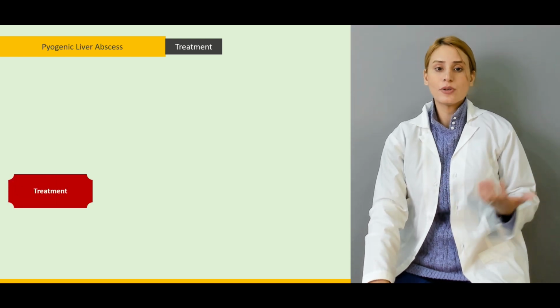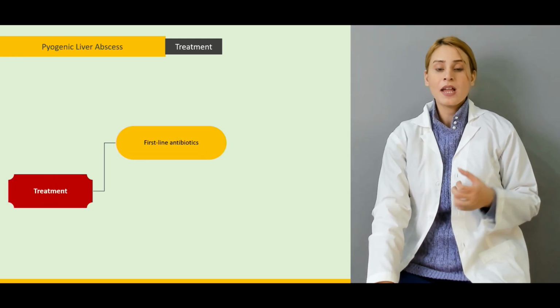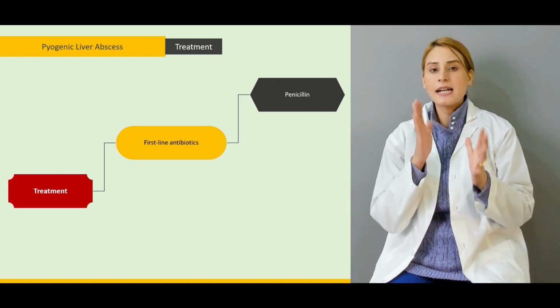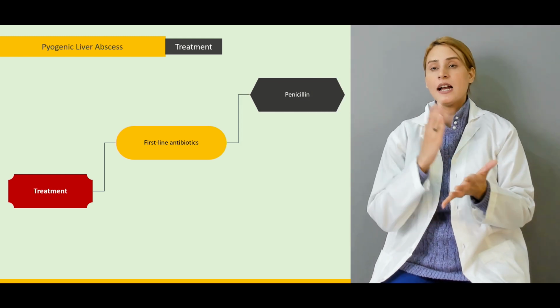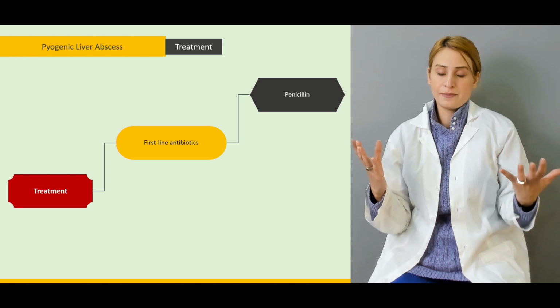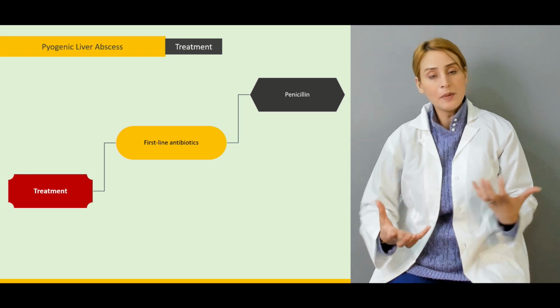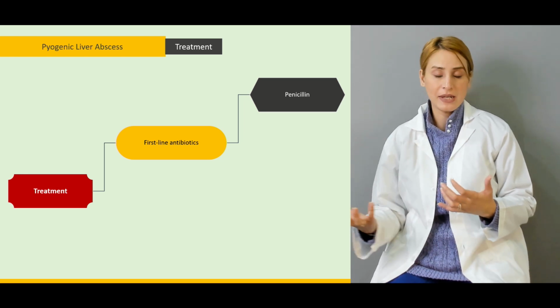So precisely talking about the treatment, there are first line antibiotics, and you usually combine these antibiotics. Usually one antibiotic is not enough, and you need to give a combination, a gram-positive cover and a gram-negative cover.